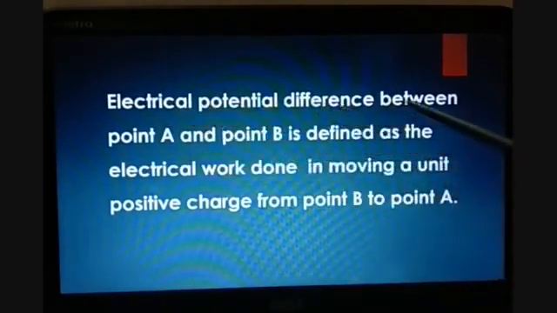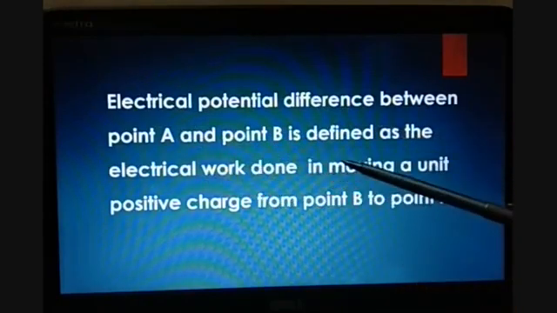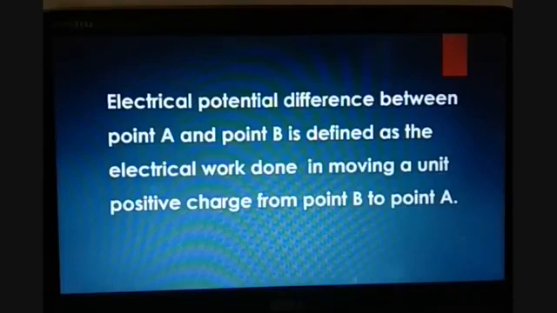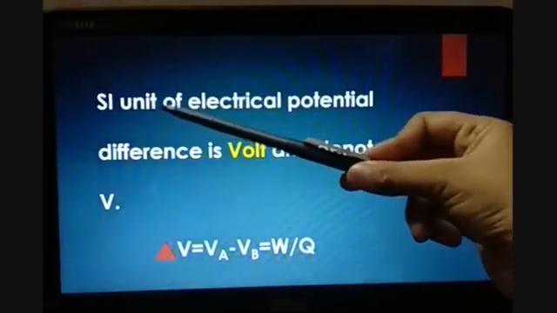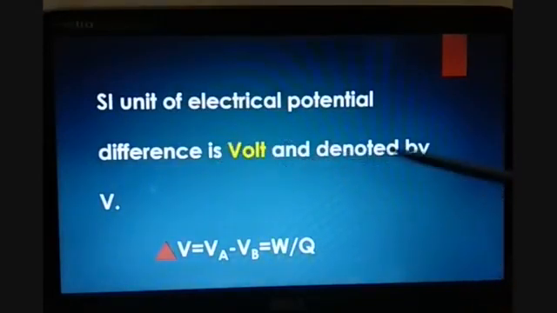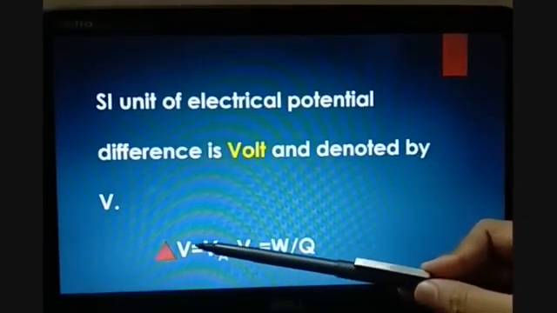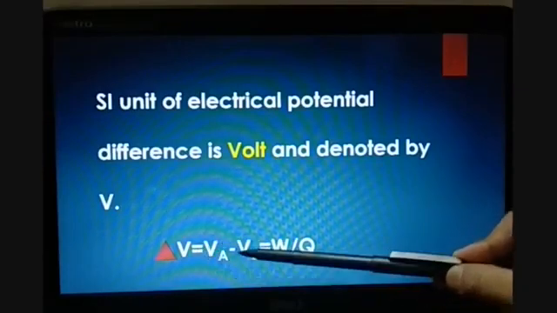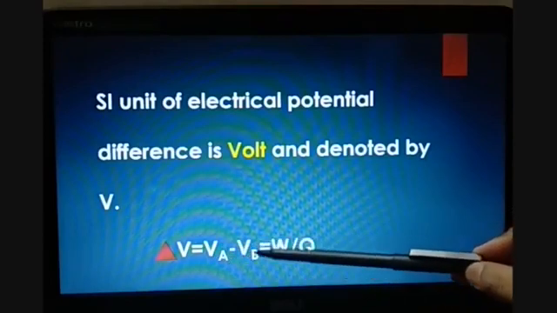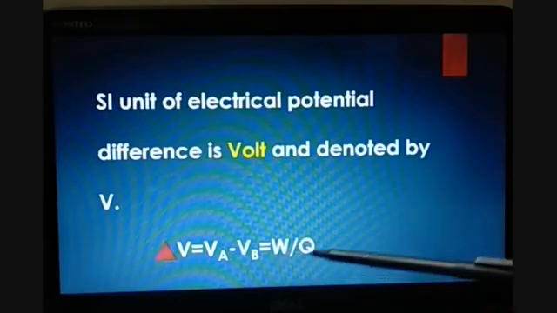Electrical potential difference between point A and point B is defined as the electrical work done in moving a unit positive charge from point B to point A. The standard international unit of electric potential difference is the volt, denoted by V. Delta V, or the difference in the electrical potential, is given as VA minus VB, that is, electric potential at A minus electric potential at B, which equals W upon Q, as we had the formula for electric potential.